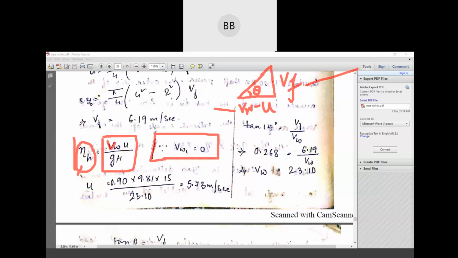The hydraulic efficiency value is given 90%, that is 0.9. VW we have already calculated, 23.10. U value we need to calculate, g is 9.81, H is also given 15 meter. So from here you can find out the U value, that is 5.73 meter per second.